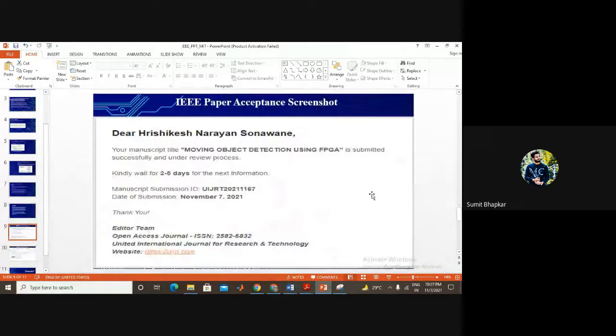Rushi, change the slide. Okay, so this is our paper acceptance screenshot. We have already applied for a paper. The title of our manuscript is Moving Object Detection Using FPGA, and the editor team of our paper was United International Journal for Research and Technology.